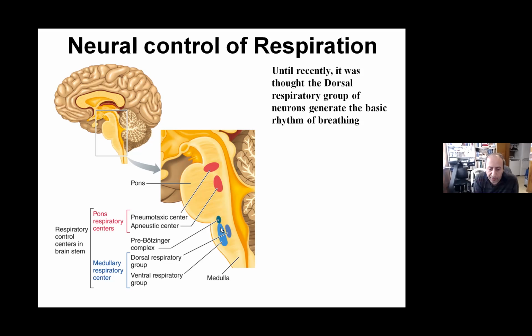These work antagonistically to control breathing, and they contain a network of neurons that mutually inhibit each other. But the main neurons that generate the rhythmic discharge are located on top of the ventral respiratory group. It's called the pre-Bötzinger complex.